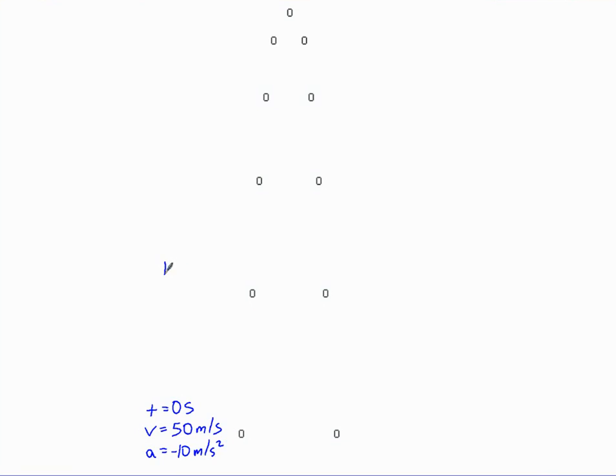This next point is time of 1 second. The velocity here is 40 meters per second. The velocity will decrease by 10 meters per second every second as we go up. And the acceleration at this point is still negative 10 meters per second squared.